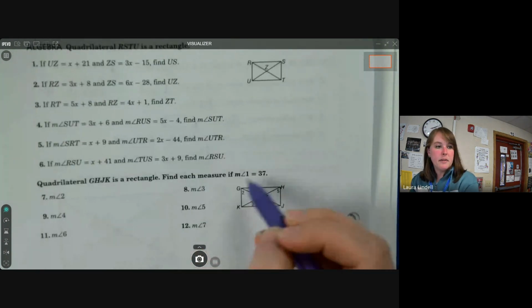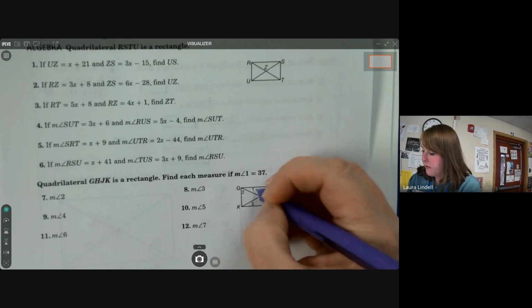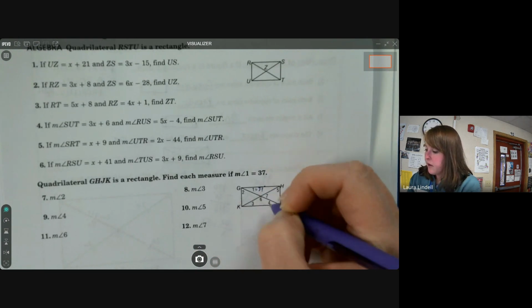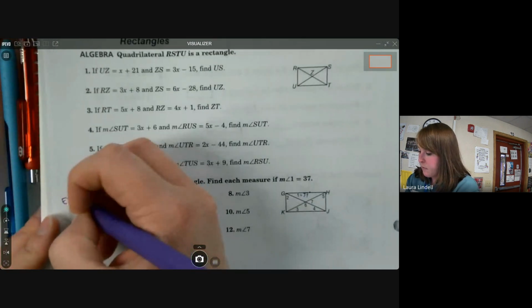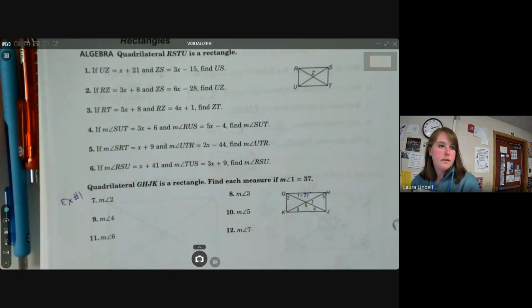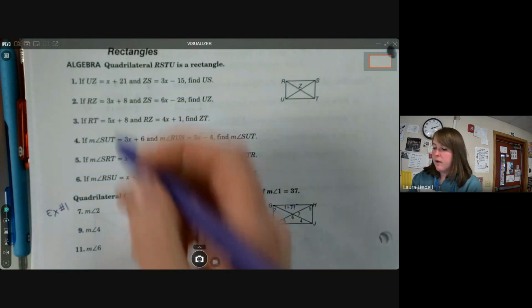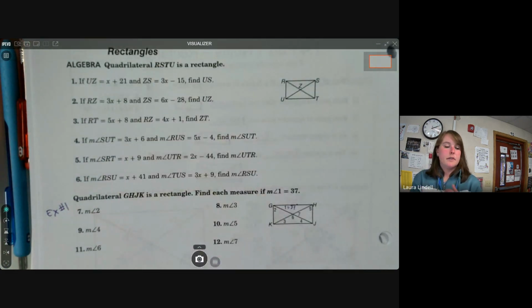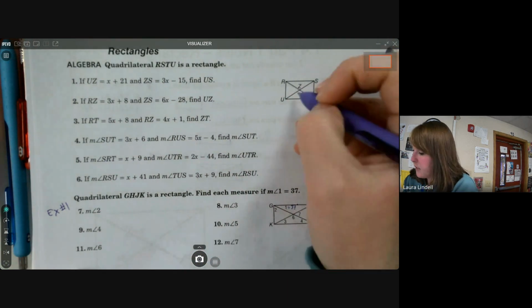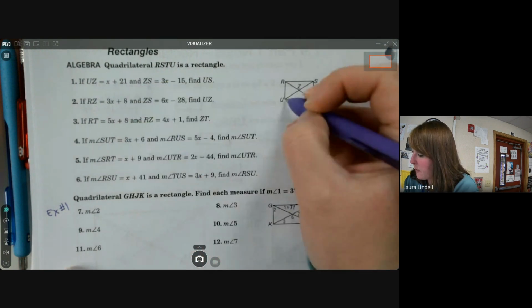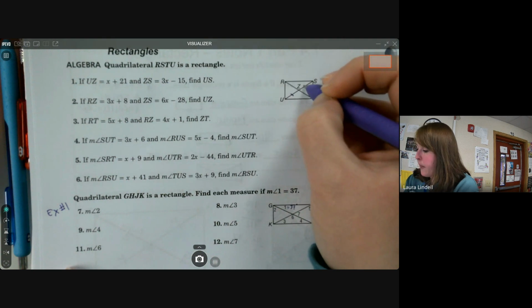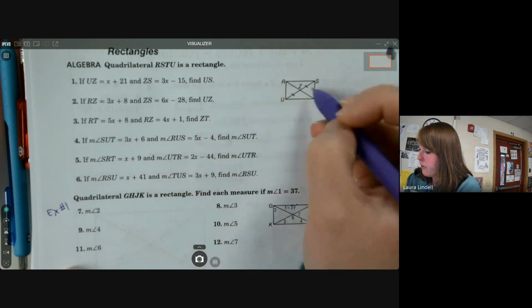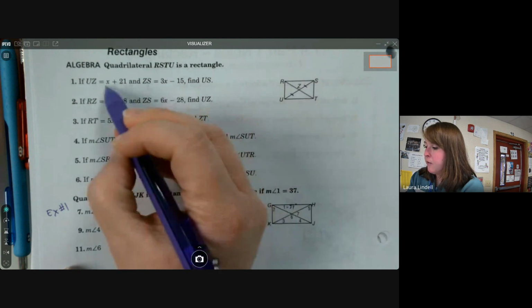Now, the nice thing about this picture is it tells you that angle 1 is 37 degrees. So when you go through all of these, this is just like example number 1. These ones, however, you're going to treat them each separately. So, for example, when it says that UZ is x plus 21, and it talks about this part, and then ZS is 3x minus 15, and it talks about that part, we know that those 2 pieces are equal, so we would set them equal.